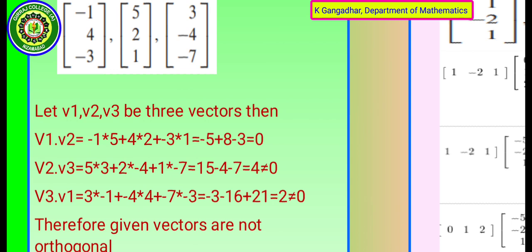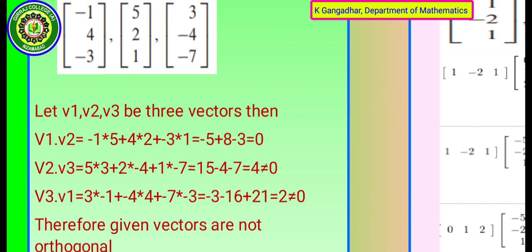Next, v2 dot v3 equals v2 transpose into v3: 5 into 3 plus 2 into minus 4 plus 1 into minus 7, equals 15 minus 4 minus 7, which is 15 minus 11, result 4, not equal to 0. So v2 and v3 are not orthogonal vectors.